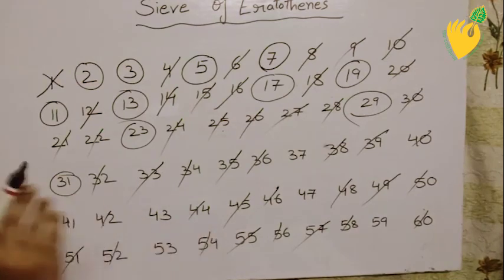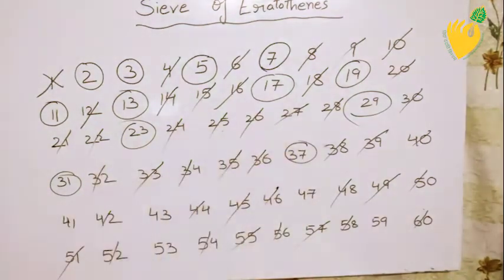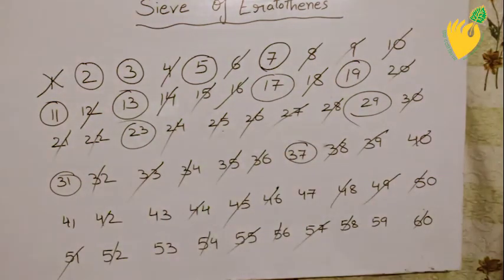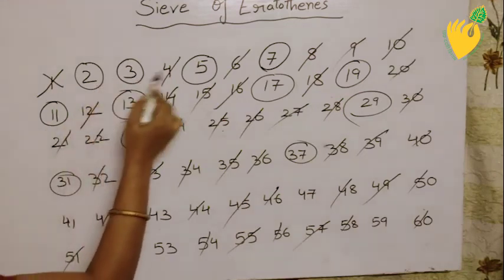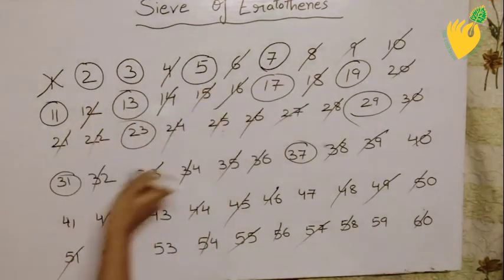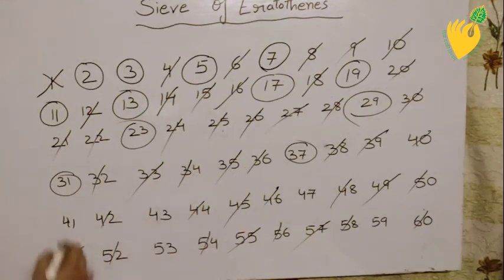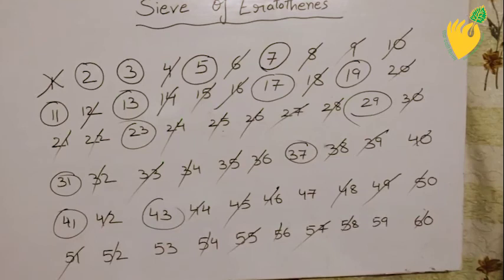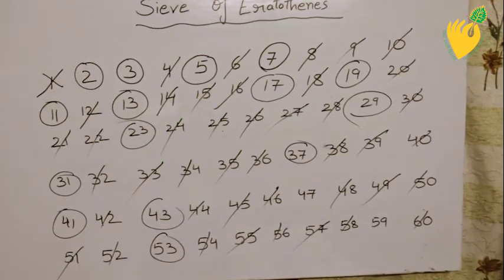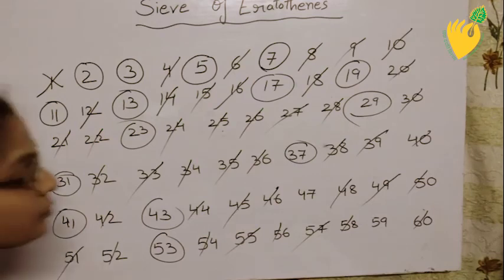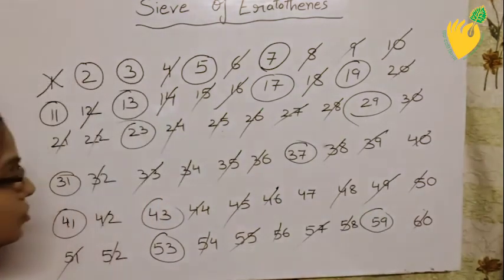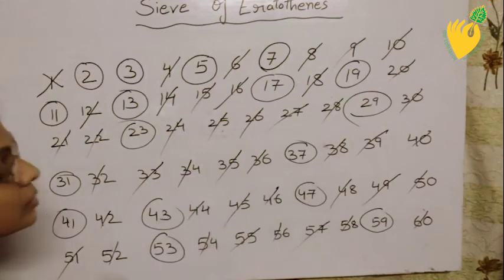Encircle 31 and cross out the multiples of 31. Encircle 37 and cross out all the multiples of 37. You will find that you have encircled all the prime numbers and made a single cut to the composite numbers. Isn't it, students? This is also one of the methods.